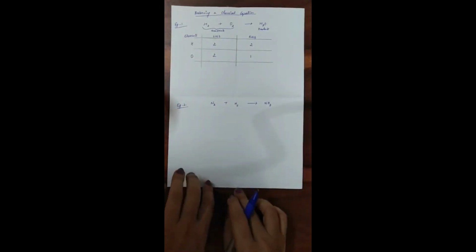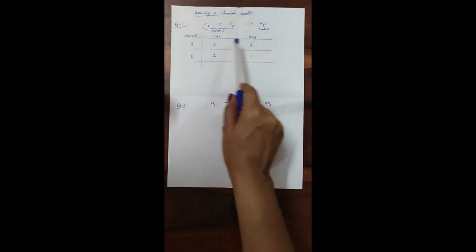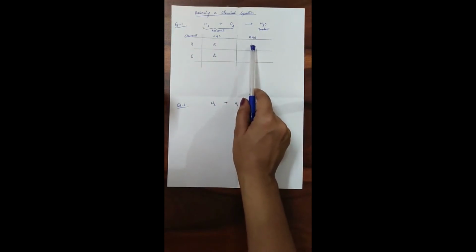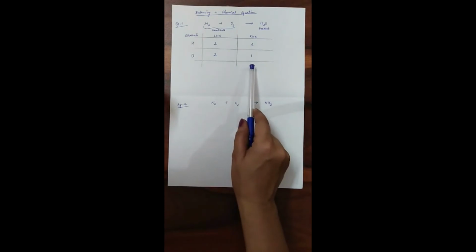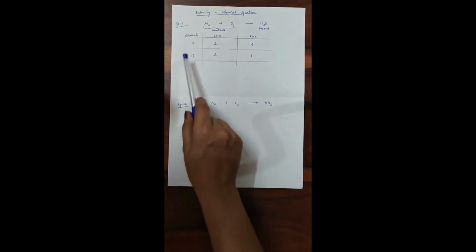Now, two things you need to keep in mind while balancing. First thing is that we need to make the number of atoms of elements equal on both sides. Like here you can see for hydrogen it is equal on both sides, so we will not disturb this number. But for oxygen it's 2 here, 1 here, so we need to do something about this oxygen.